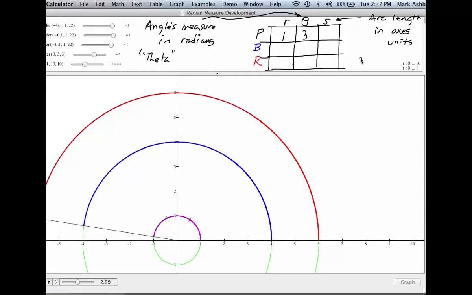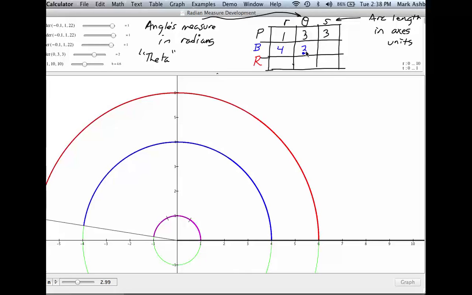What is the arc length in the axes units? Joe, how long is that purple arc now in axes units? 3. We made it. Okay, how about the blue arc? Jonathan, blue arc, tell me the radius. The radius is 4. What's the openness in radians?